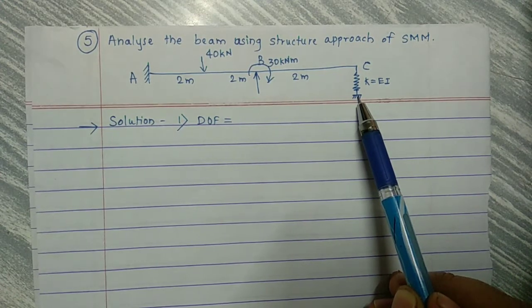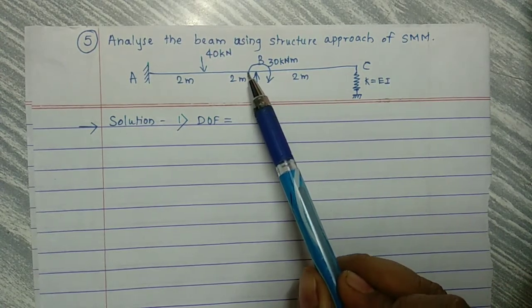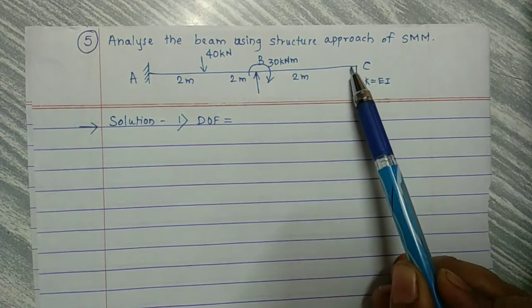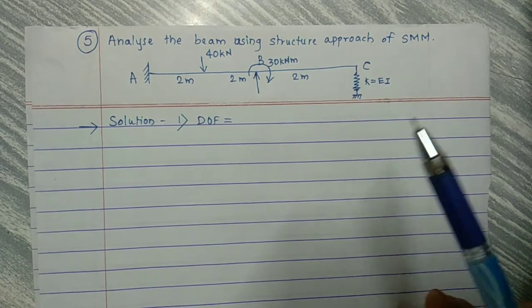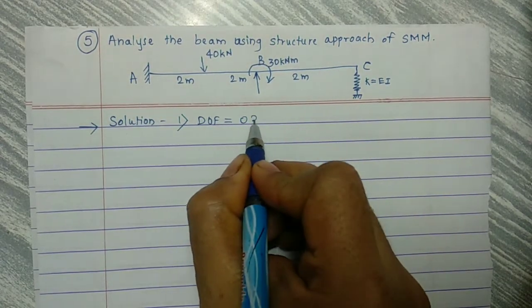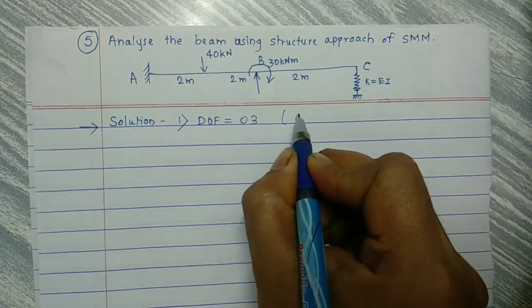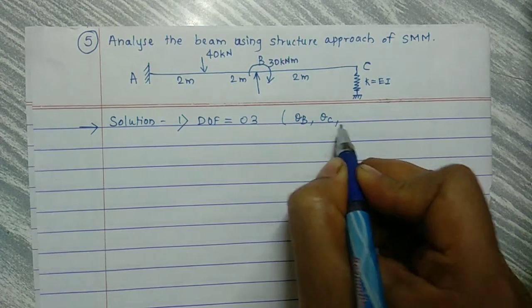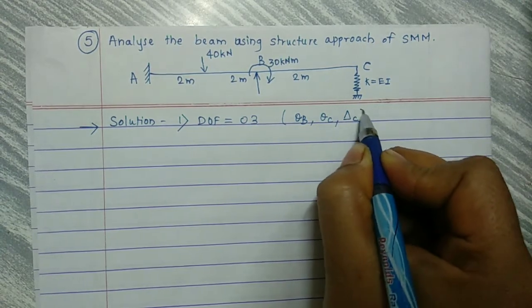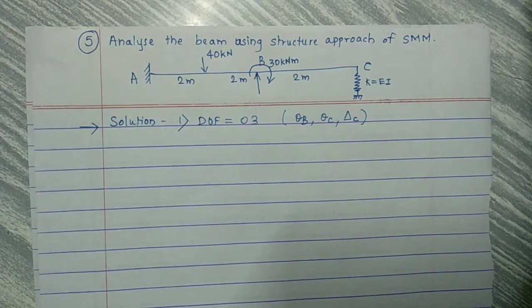So the total degree of freedom for this whole structure ABC is 3: theta B, theta C, and the translation at support C. In bracket you can mention theta B rotation at B, rotation at C, and translation at C. So there are total 3 degrees of freedom.